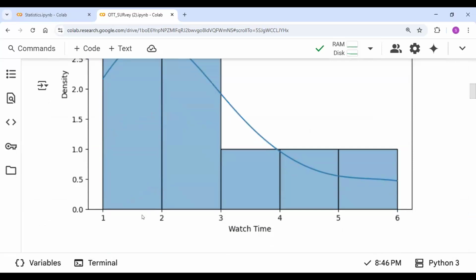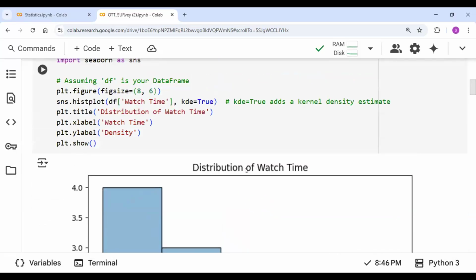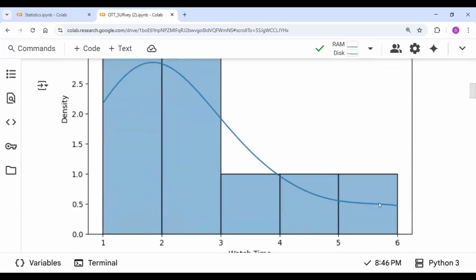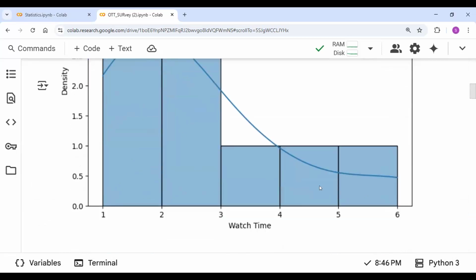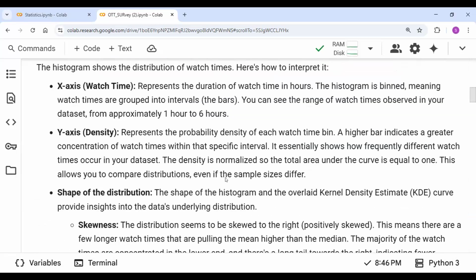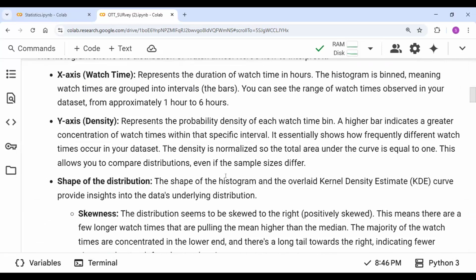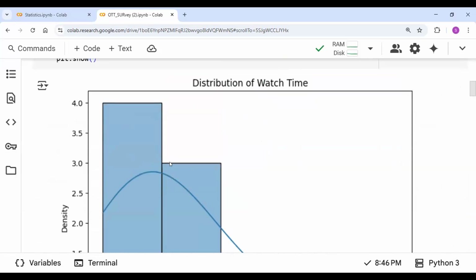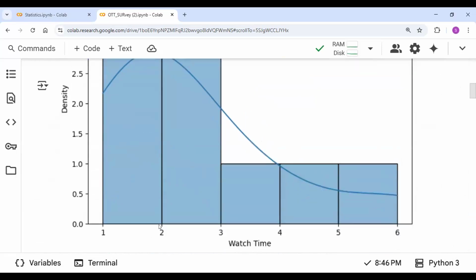The distribution, if you see, gives you a skew distribution. It's not normally distributed. The watch time has some high values in it. Even in the watch time hours, it has some deviations. This distribution is called a skew distribution. The density of the data points is nearly between 1 to 3, from 1 hour to less than 3 hours, especially between 1 and 2 hours.